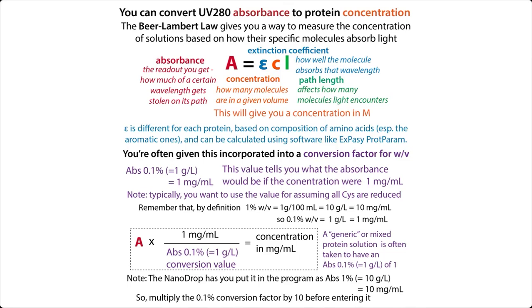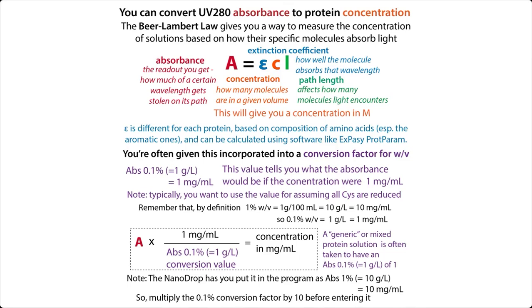So remember that's 1 gram per liter or 1 mg per mil of 1. So if you were to measure an A280 of 1, that would say that you had 1 mg per mil of protein in the generic case. But your protein probably doesn't have exactly a conversion factor of 1. And so I'll show you how we can actually find the conversion factor.